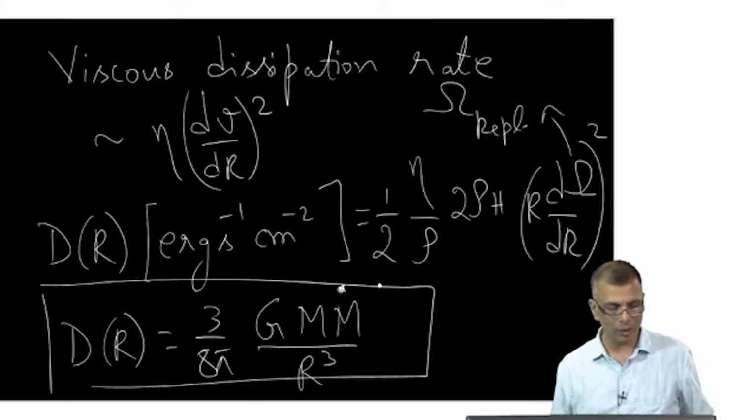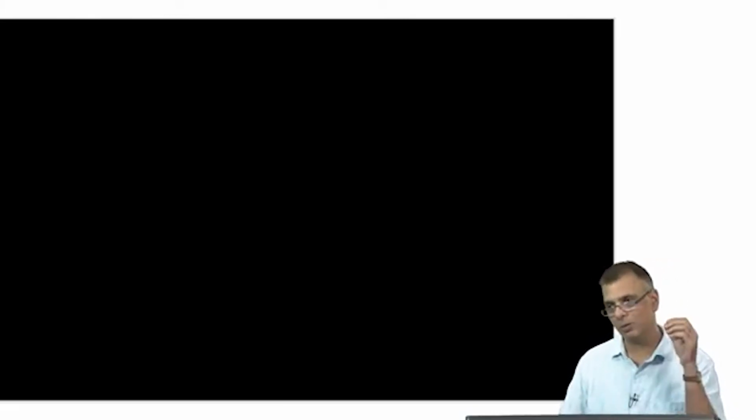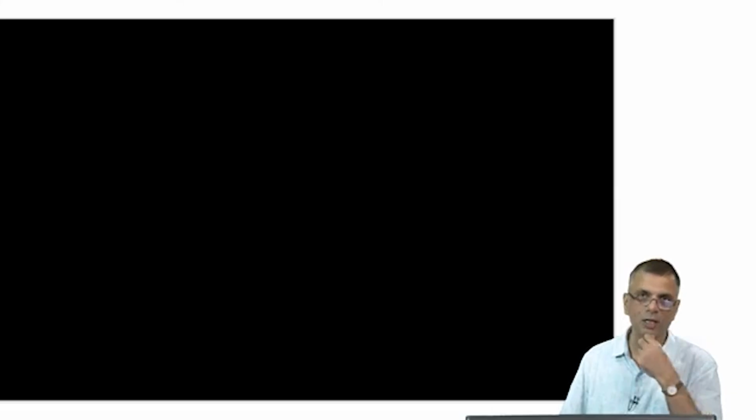Having now talked about the basics of disk accretion, the basics of quasi-Keplerian disk accretion, let us now move to slightly more detailed topics. One of the detailed topics is as follows.